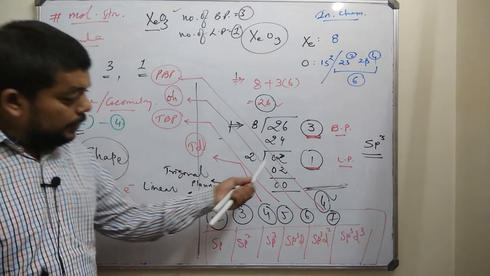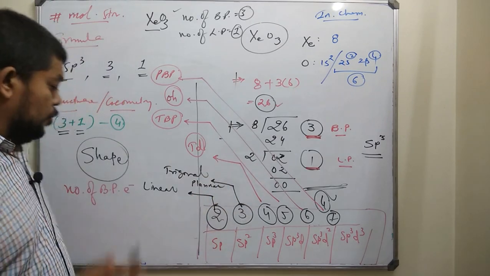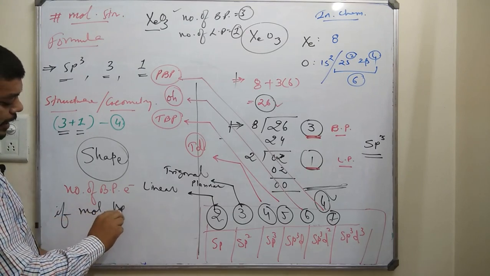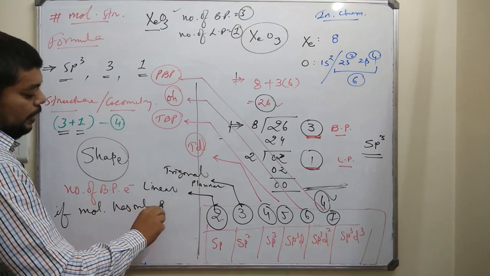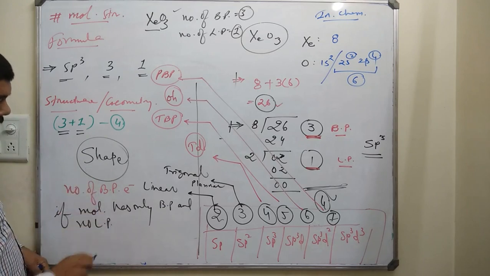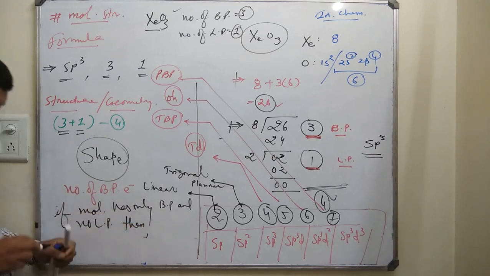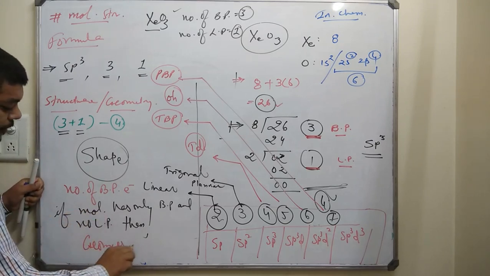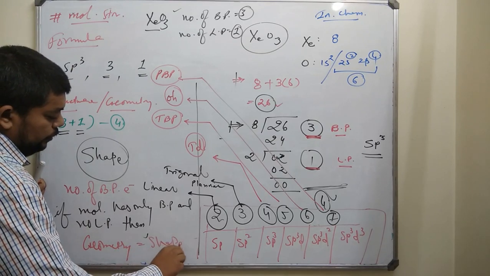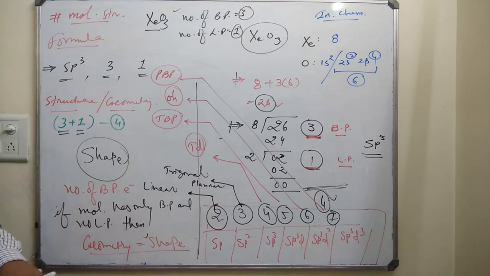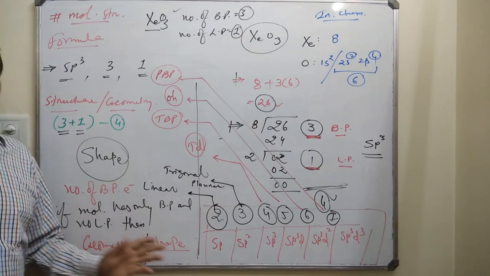So if a molecule has only bond pair and no lone pair, then, very important, very easy, geometry equal to shape. Subject to condition, the lone pair has to be 0.